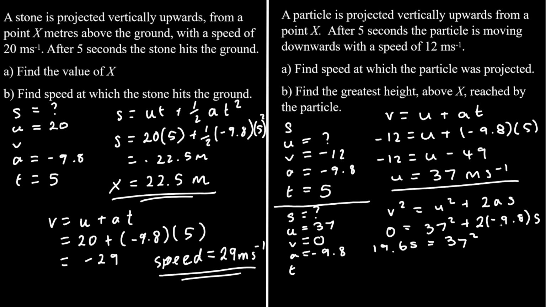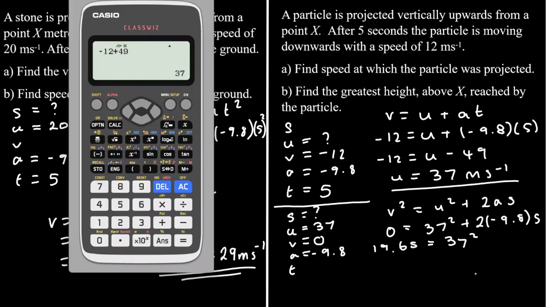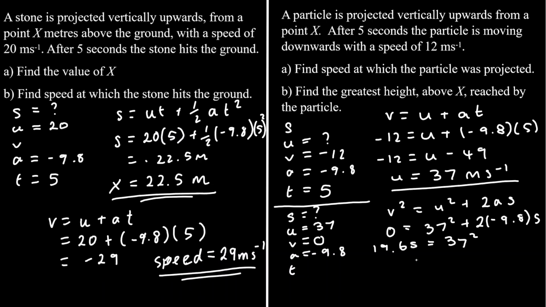Plussing the two 9.8s is 19.6. So plussing the 19.6s to both sides, and then divide by 19.6. So 37 squared over 19.6 is 69.8, so 70 meters to two significant figures.